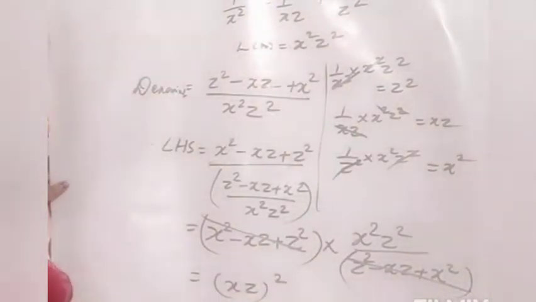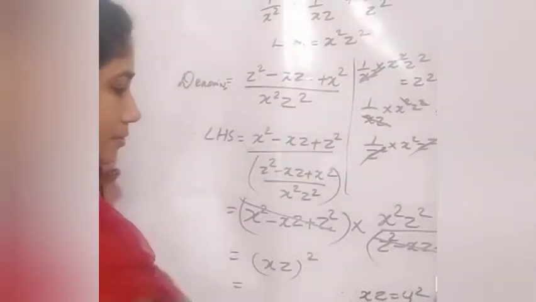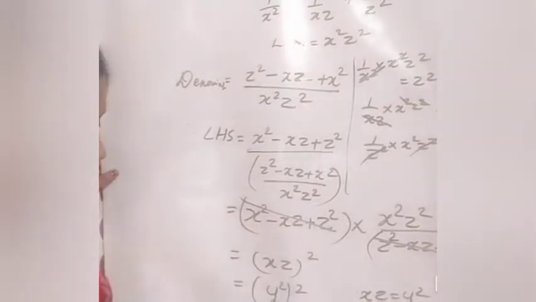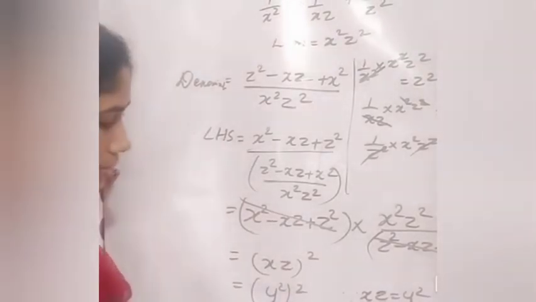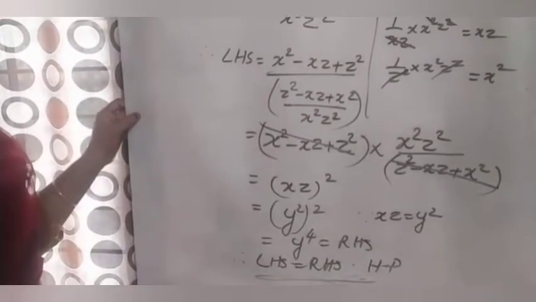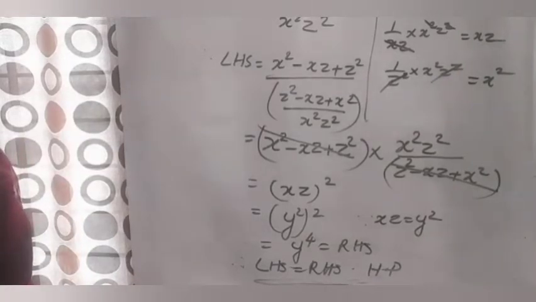So the answer is (xz) the whole square. What is xz actually? It's y square, no? So (y square) the whole square, which gives y raised to 4. Y raised to 4 is the RHS. So we got LHS equal to RHS.